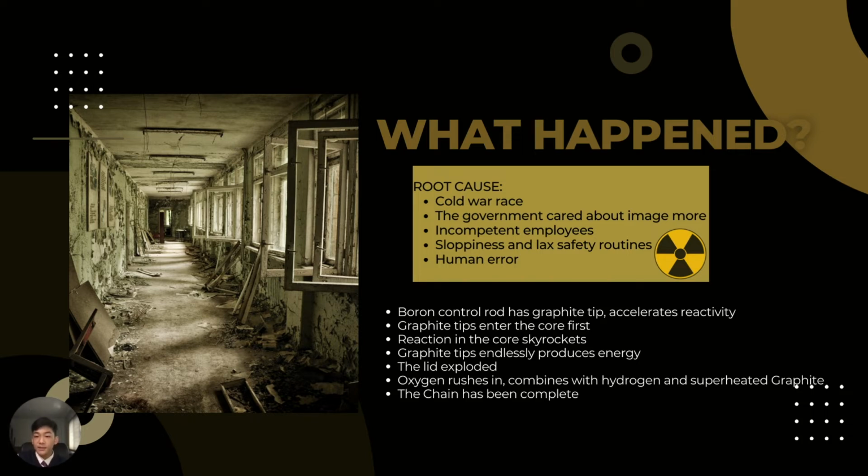Then the expanding gases ruptured some components, fixing the graphite tips in place, endlessly accelerating the reaction until explosion. The instant the lid was thrown off the reactor, oxygen rushes in, combines with hydrogen and the superheated graphite. Now, the chain of disaster is complete.